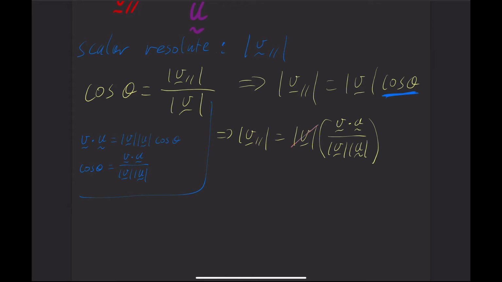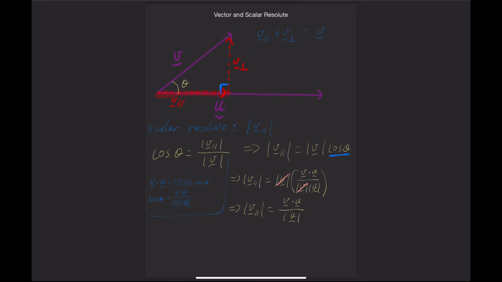Now you'll notice these v magnitudes cancel, so we're now able to say that the magnitude of this vector v parallel to u is equal to v dot u over the magnitude of u. Alright, so that's our scalar resolute. Okay, so this is our formula for our scalar resolute, and it gives us the length of this line.